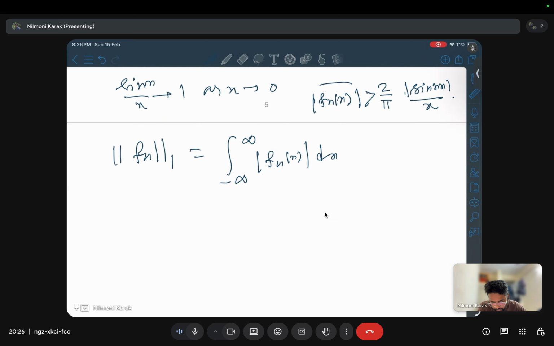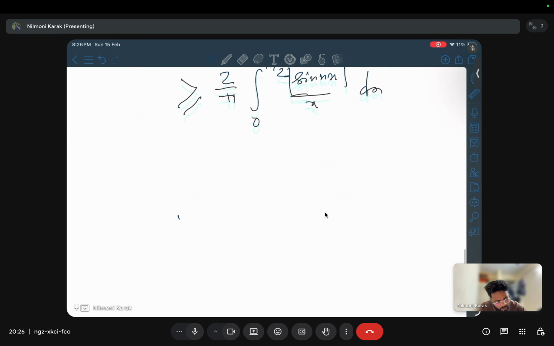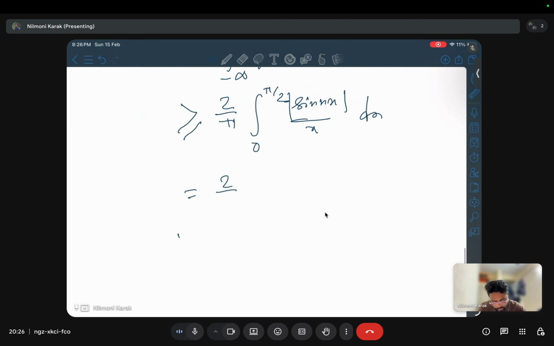From this, it is greater than or equal to 2 by pi times the integral from 0 to pi by 2 of mod sin nx by x dx, which equals 2 by pi times the integral from 0 to n pi by 2 of mod sin x by x dx.